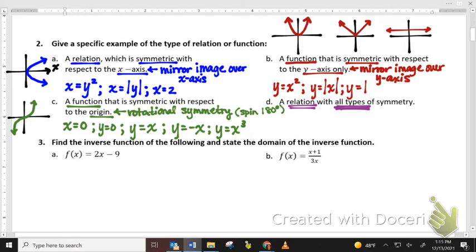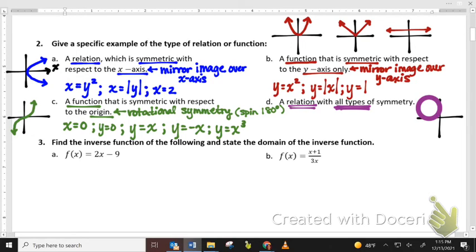I heard somebody say a circle. Does it matter where the center of the circle is? If I move my circle to right here, does that have symmetry about the origin?